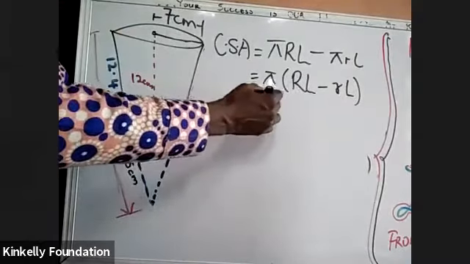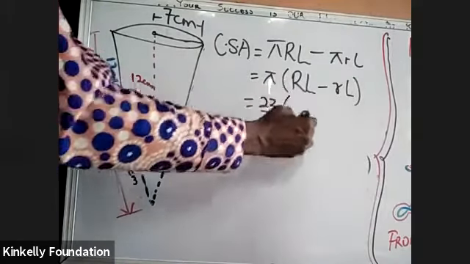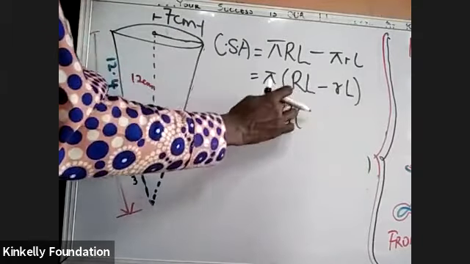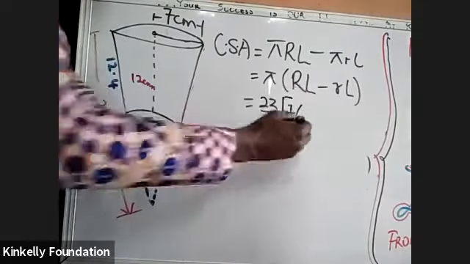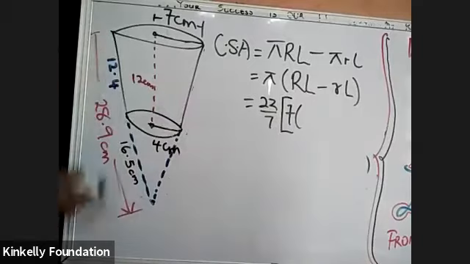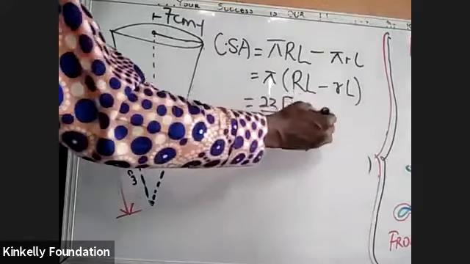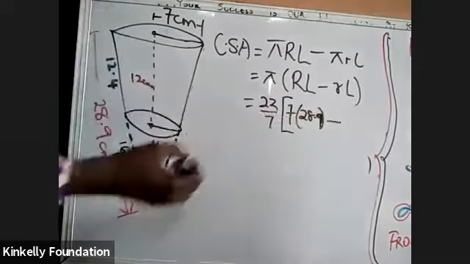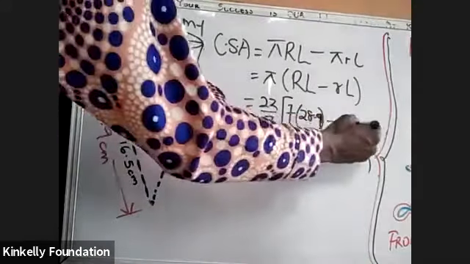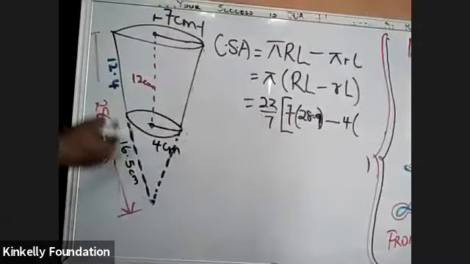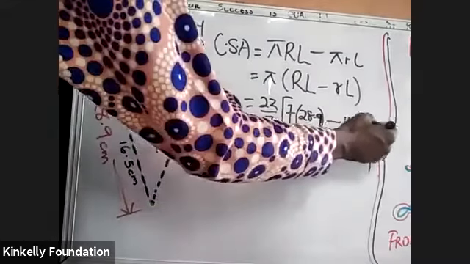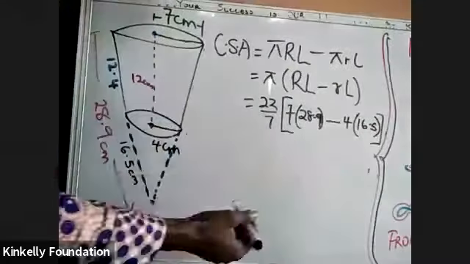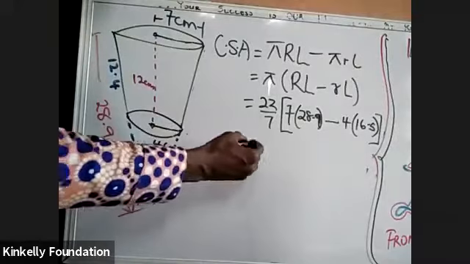So this is 22/7 as well. Big R is 7 times the larger length, 28.9, minus 4 times the smaller one, 16.5. Remember that this is in cm squared.